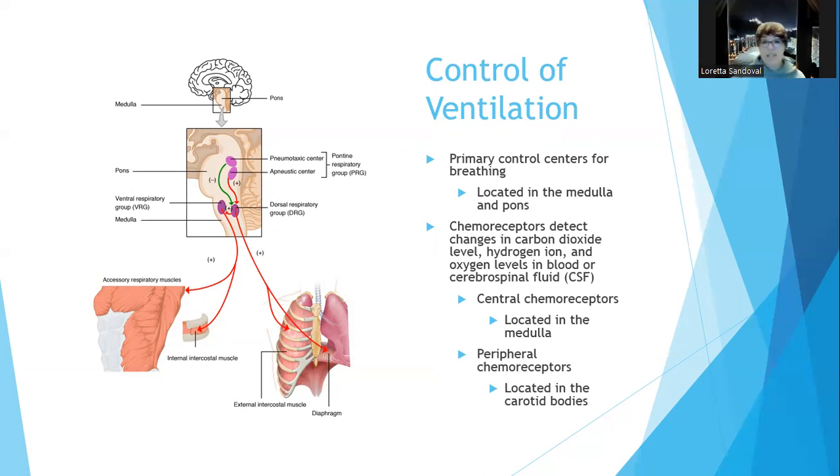So we have chemoreceptors that detect changes in carbon dioxide level, hydrogen ion level, which is acid-base balance, and oxygen levels in blood or cerebrospinal fluid. The central chemoreceptors are located in the medulla, but we also have peripheral chemoreceptors located in the carotid bodies.